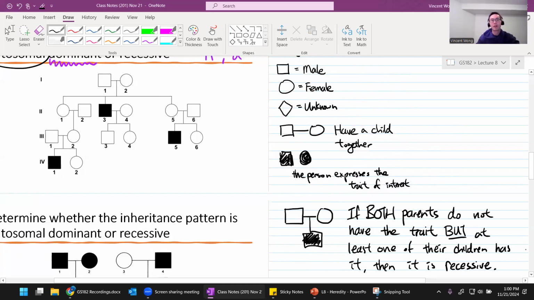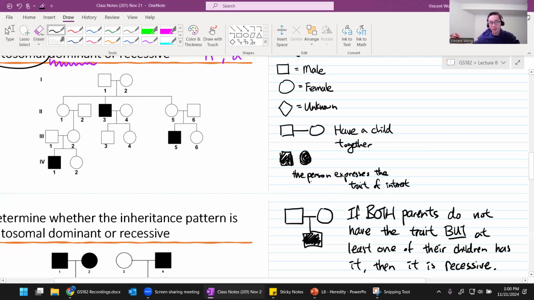For example, I have black hair, as you can see. My wife also has black hair, but one of my daughters has brown hair. It's so brown that people think she dyed her hair. So is that a dominant trait or a recessive trait? That's a recessive trait, because both parents do not have brown hair.